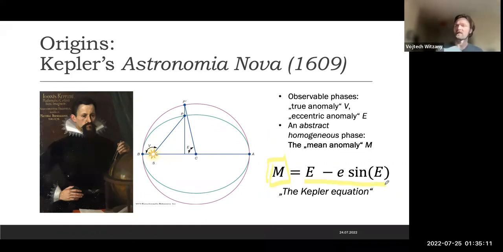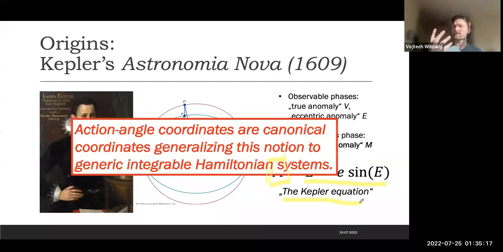If you have ever dealt with celestial mechanics, you will probably know this equation. For us, I will just tell you that the action angle coordinates are canonical, and they generalize this notion of a homogeneously moving phase forward in time to generic integrable Hamiltonian systems.